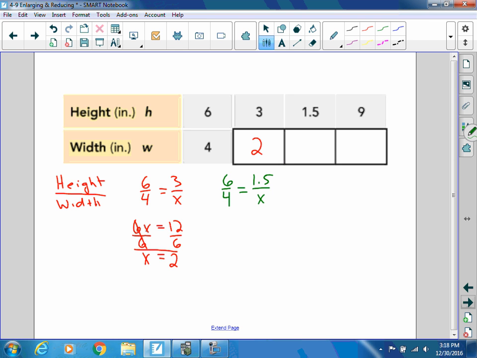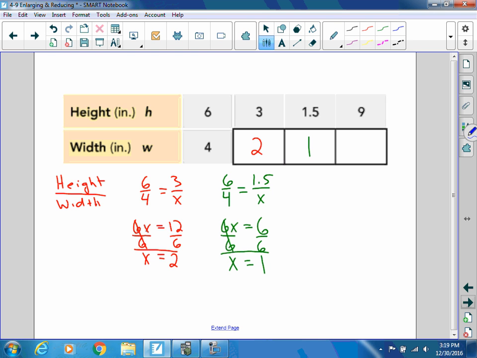If I take 6 times x, I'm going to get 6x. If I take 4 times 1.5, I will get 6. Divide by 6 on both sides. Again, your 6's cancel there. 6 over 6 here is 1. Okay, so x equals 1. So if the height is 1.5, the width is going to be 1.